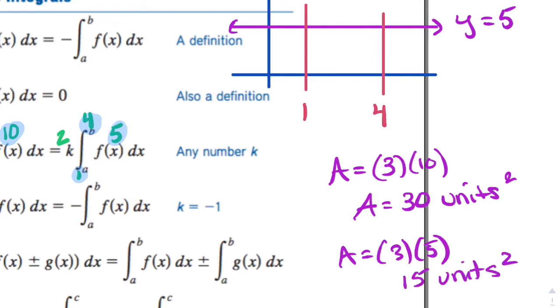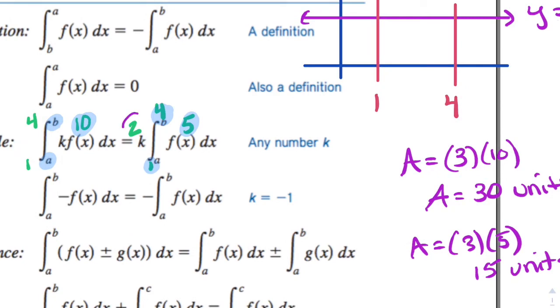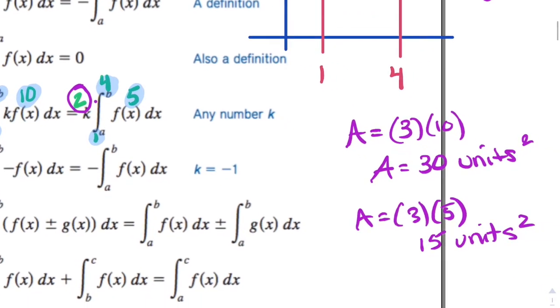Those are different because we factored that 2 out right at the beginning. So we have to make sure that we include that 2, that's a product, right here before we are done, which would leave us with 30 units squared.